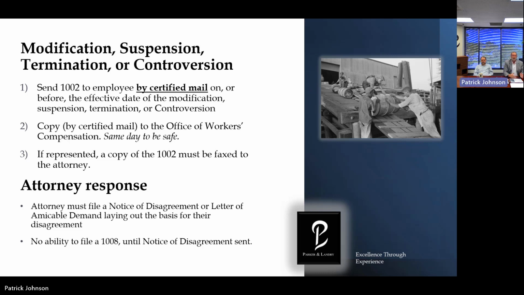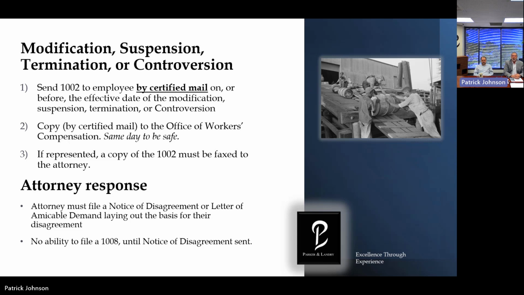This is the one that we all thought before, but now everything should be done by certified mail: you send this change, whatever the change is, the modification on SEB, the fact that you're suspending his benefits for not showing up for an SMO, the fact that you're terminating his benefits for fraudulent activity.